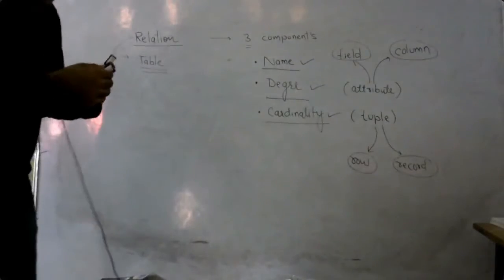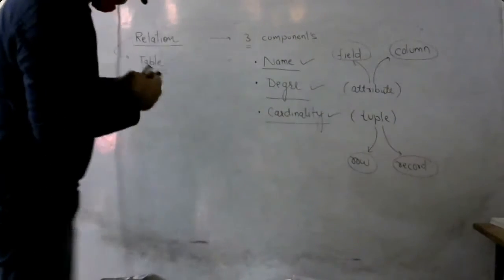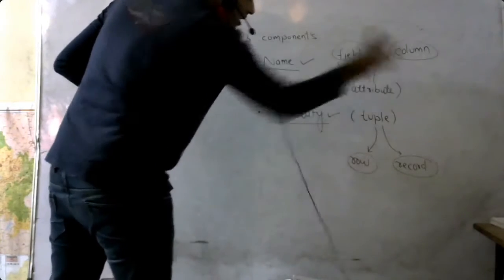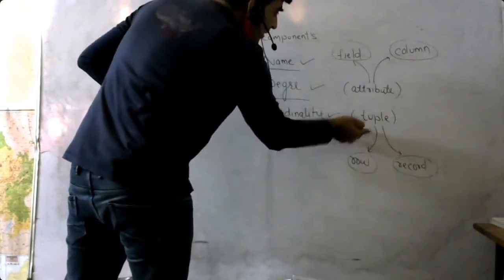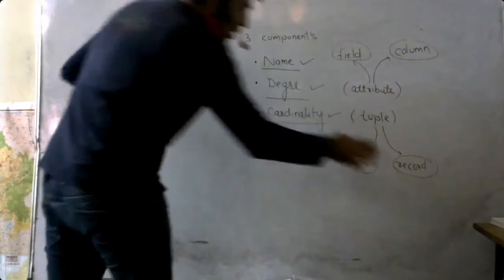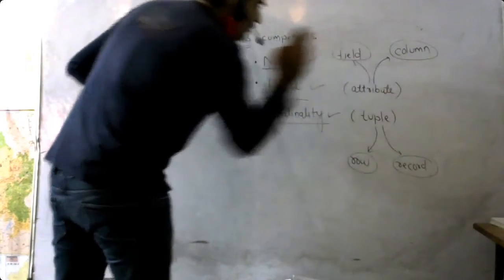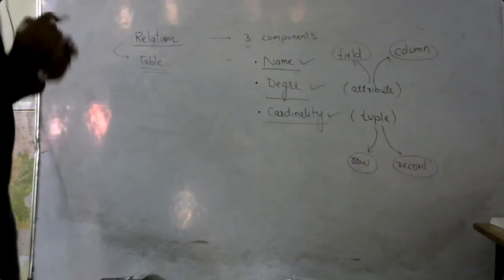Now, if we need to frame the definition of the relation, it is the organization of rows and columns, organization of tuples and attributes, organization of records and fields is known as relation.